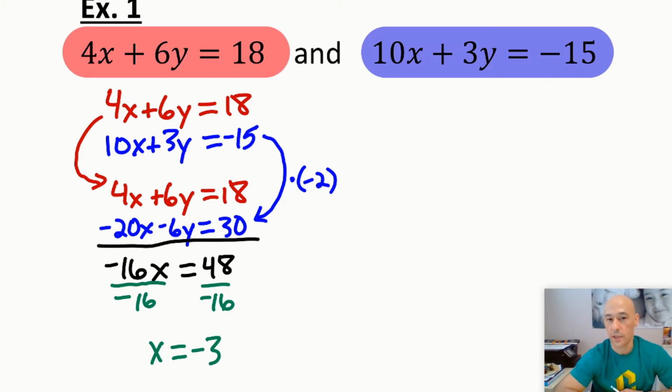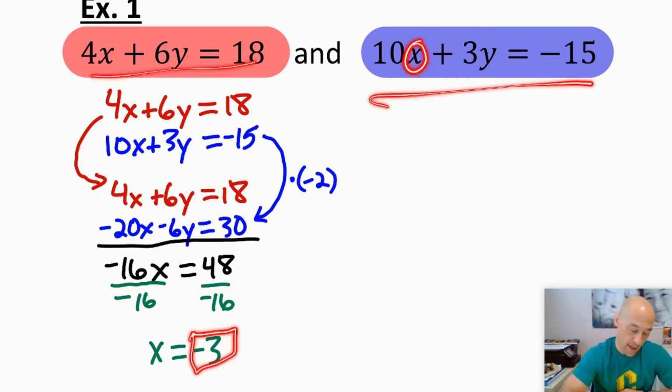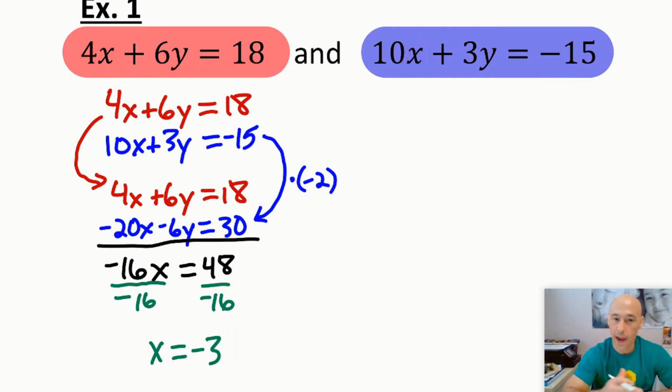Now I'm not finished. I have the x part of my coordinate pair, but I need the y part. I can plug negative 3 in for x in either one of my equations. It doesn't matter which one, because what I'm finding is the coordinate pair that works for both.